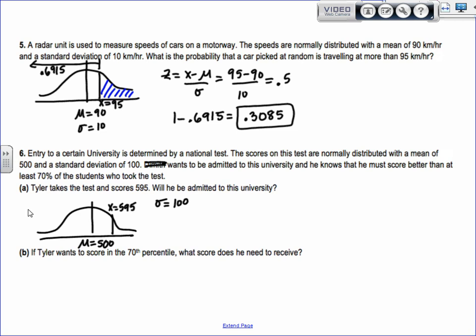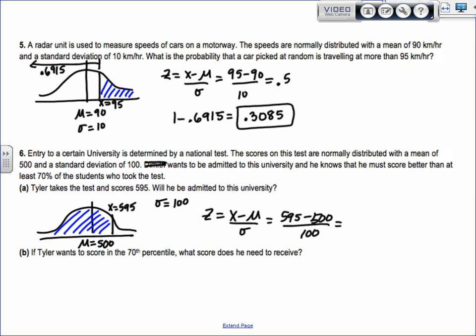So we want to know what percent of people scored less than him. So what's the probability that someone was less than what he had? So I do z equals x minus mu over the standard deviation. So I have 595 minus 500 all over the standard deviation, which is 100.